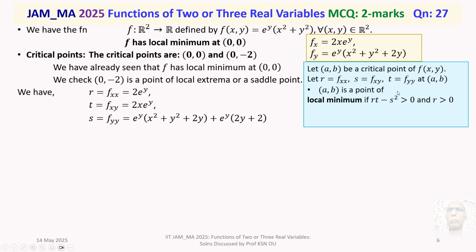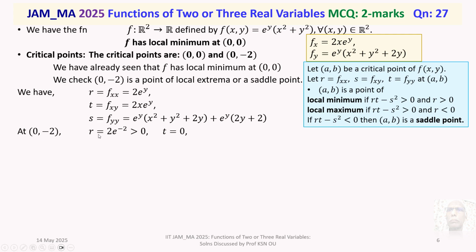A comma b is a point of local maximum if rt minus s square is greater than 0 and r is less than 0. And if rt minus s square is less than 0, negative, then a comma b is a saddle point. Now we have already calculated r, s, t, so let us evaluate at 0 comma minus 2.